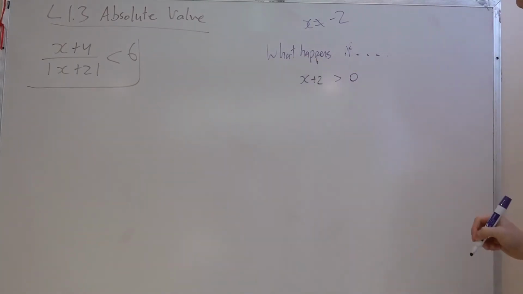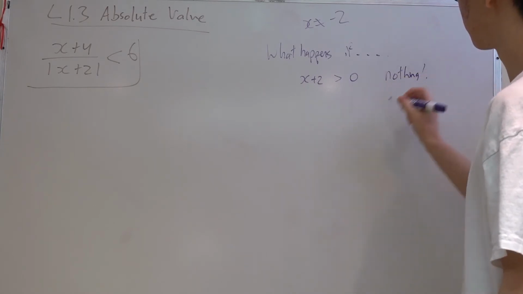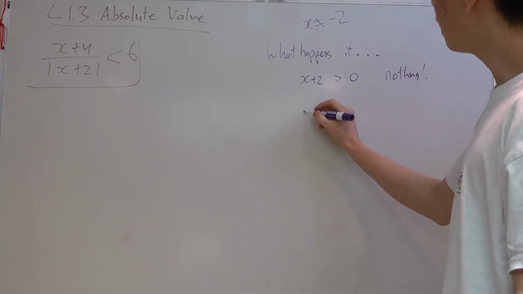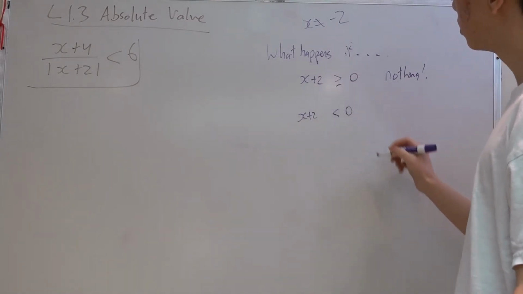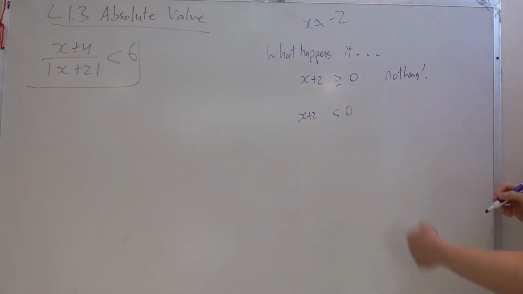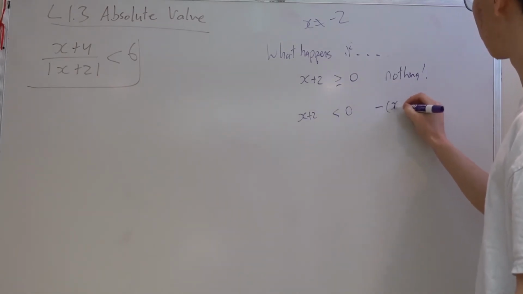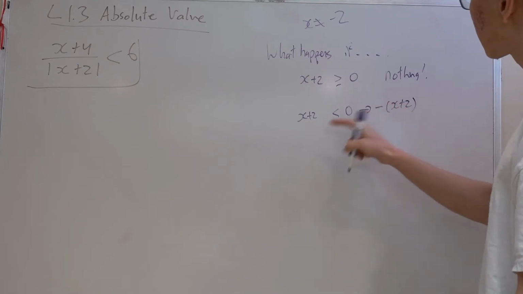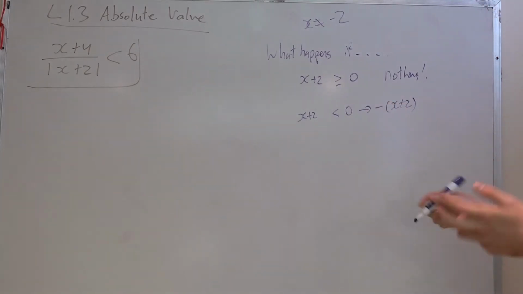Well, by the absolute value function, nothing. Right? But if x plus 2 is less than 0, we have to flip a negative on it, right? So this x plus 2 would have to become a negative x plus 2. So why don't we consider those two cases separately?